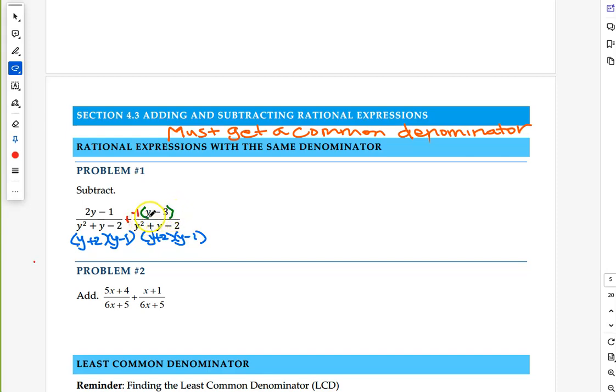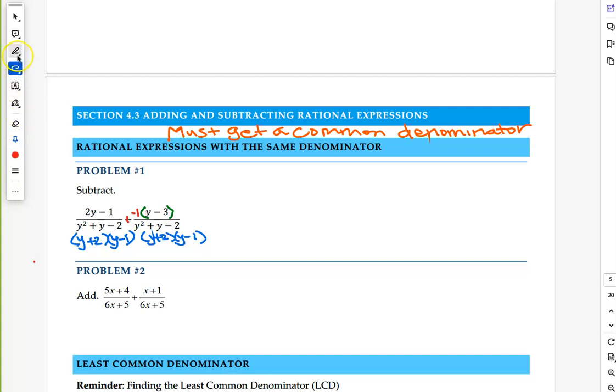Essentially we're distributing a -1. We've just got to change the signs of everything when we subtract that whole thing. If there were 3 terms on the top, we'd need to distribute that negative to all 3 terms. That's probably the part that gets missed a lot of times.